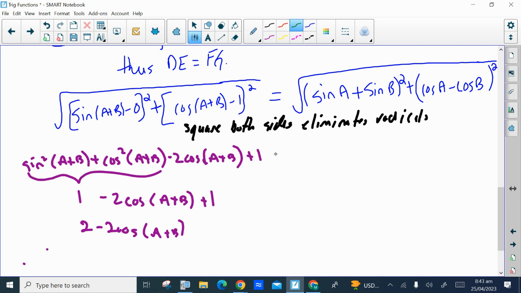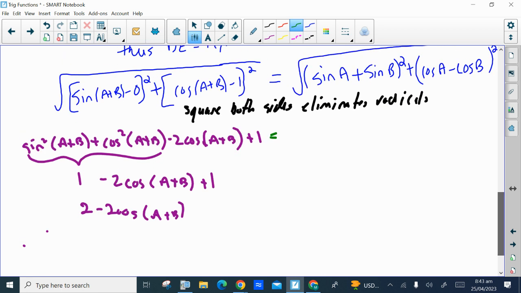Because on the right side, that equals, when we square this first binomial, remember you will square the first term, multiply the two terms together and double, gives us 2 sine A sine B, and square the last term gives us plus sine squared B. And then the second binomial is also squared.